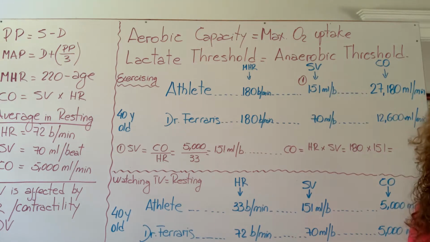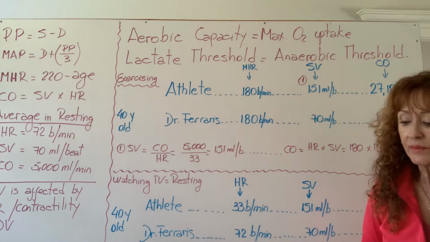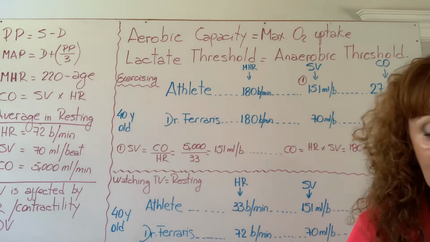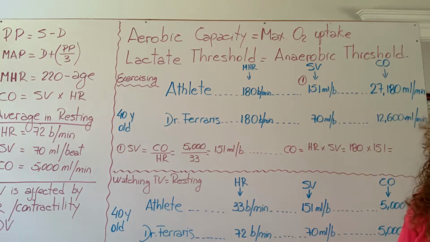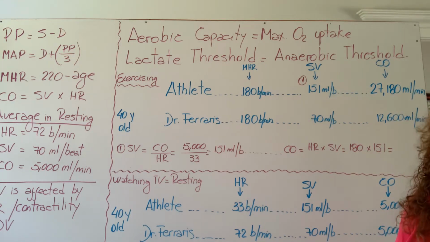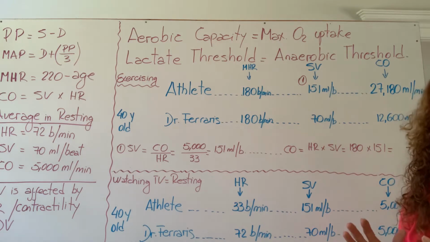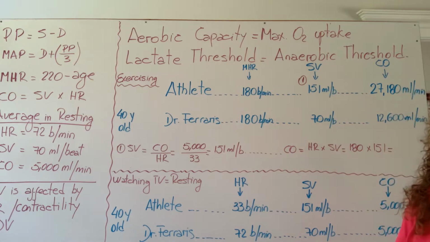Let me explain briefly about those. The peripheral resistance we mentioned before, right? So if the peripheral resistance in the aorta or pulmonary artery increases for any reason, if those two arteries increase the peripheral resistance, it means they are stiffer.